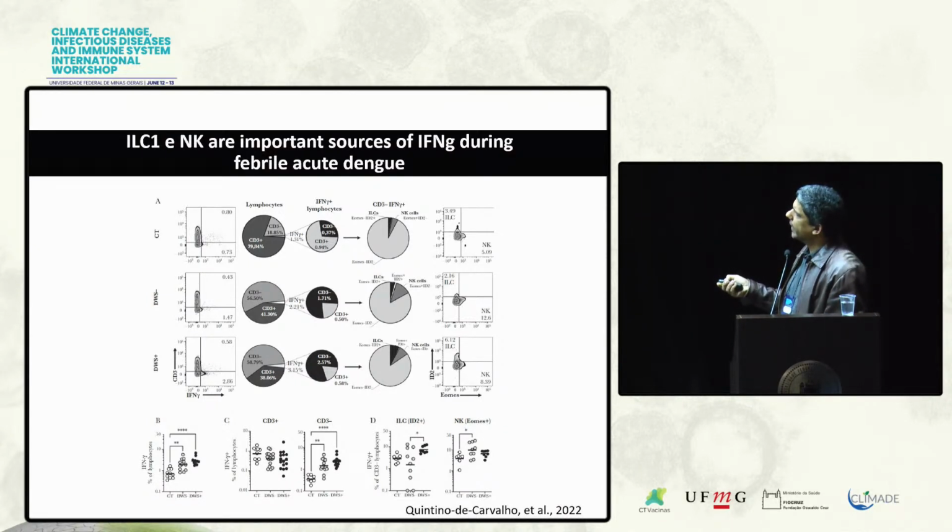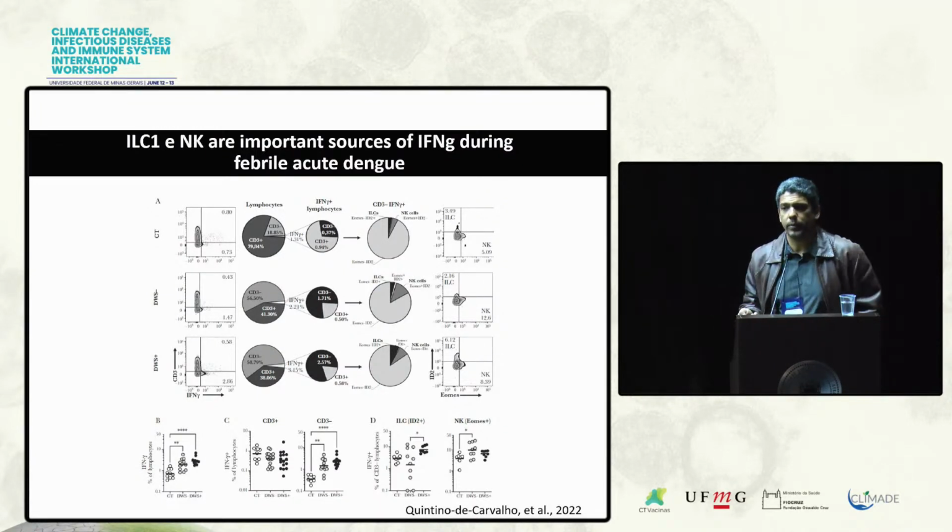But in the individuals that have dengue, either without warning signs or with warning signs, the level of interferon gamma producing cells in the CD3 negative increases a lot, and actually takes over like 30% to 75%, or even more, maybe 80% of the interferon gamma producing cells.